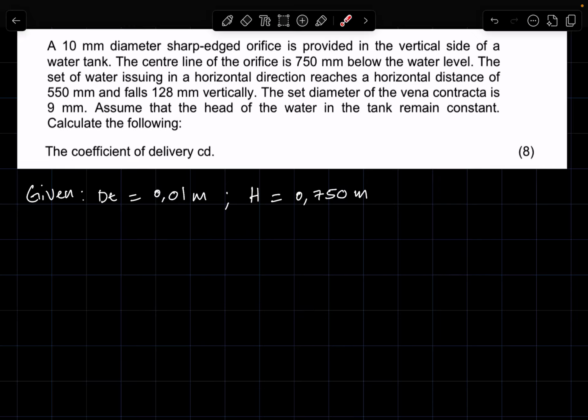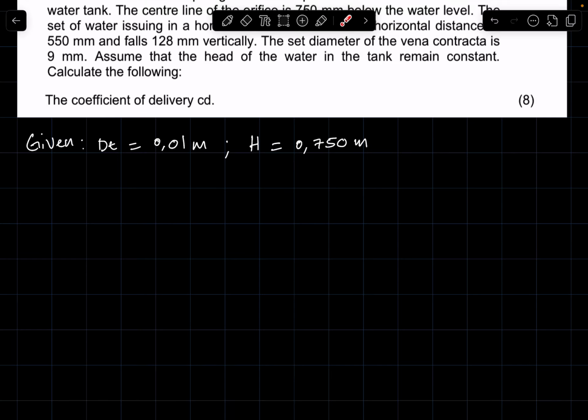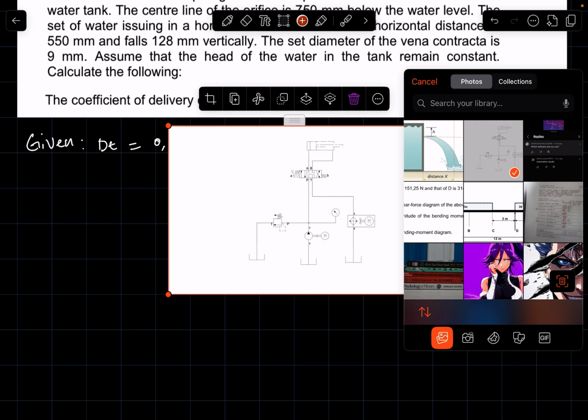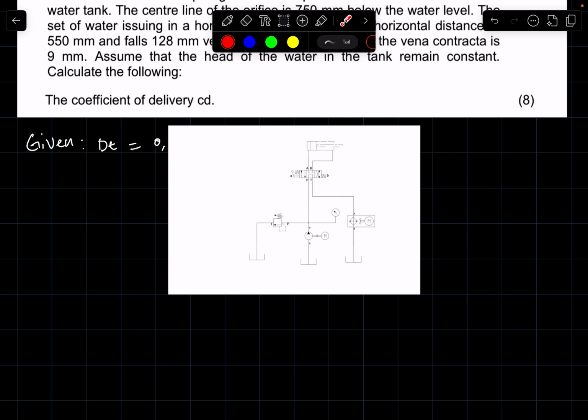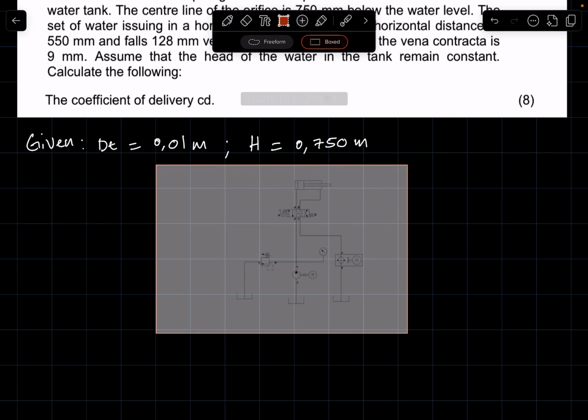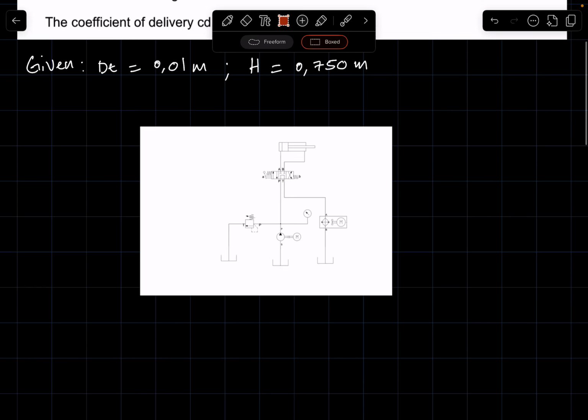If you took notes, I did say this is the constant pressure head that we get on flow through an orifice. Even if you look at this statement here, they said assume that the head of water in the tank remains constant.